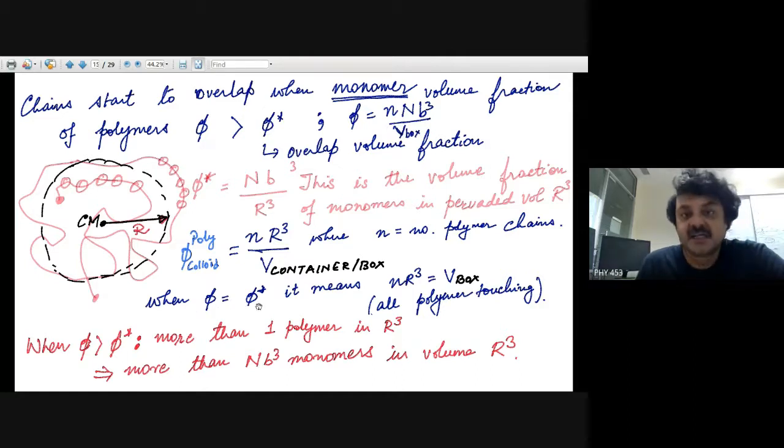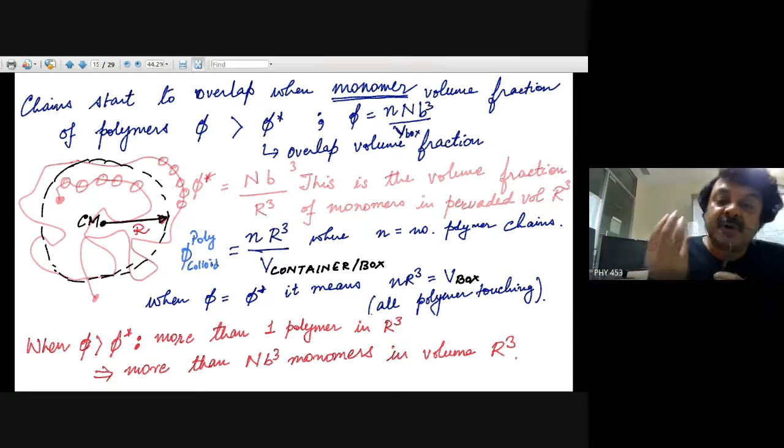phi star, the overlap volume fraction, that means the overall monomer concentration in V box becomes equal to the monomer concentration you will find in a pervaded volume.